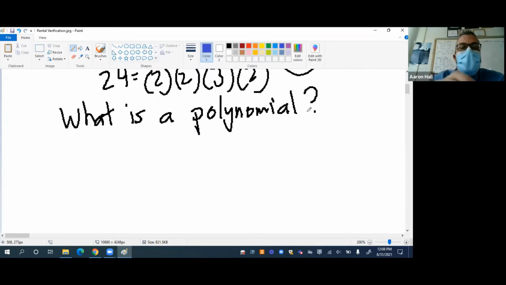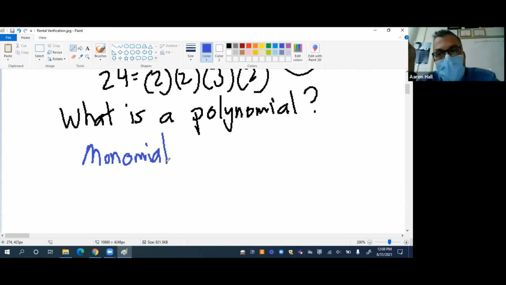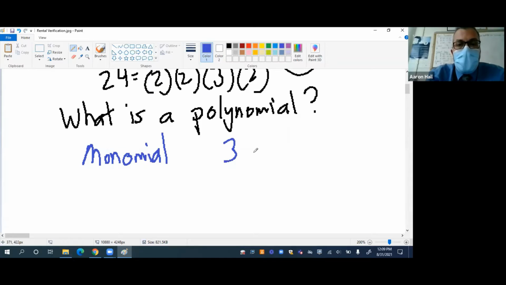In fact, when we're talking about a monomial, we're talking about something that doesn't have fraction exponents and doesn't have negative exponents. So 3x squared would be a monomial, but 3x to the power negative 2, or 3x to the power of 1/2 would technically not be a monomial.